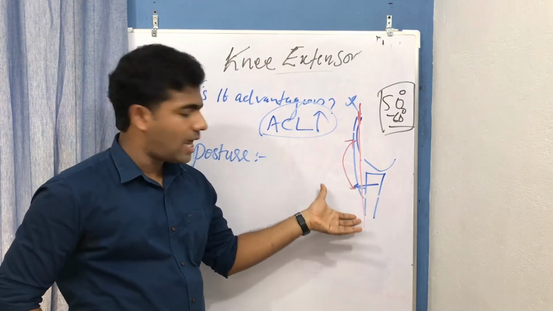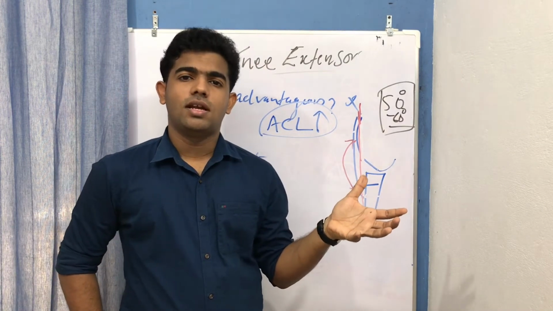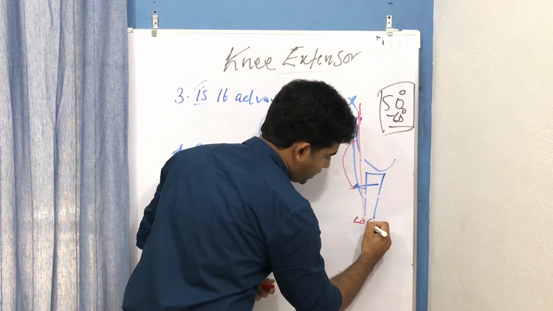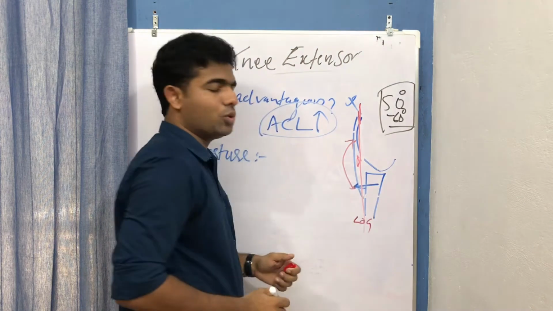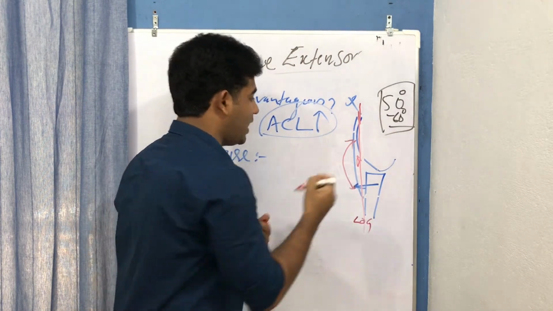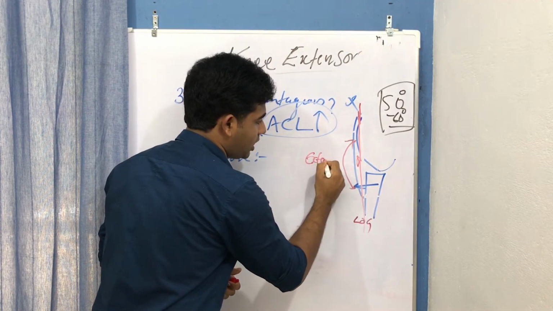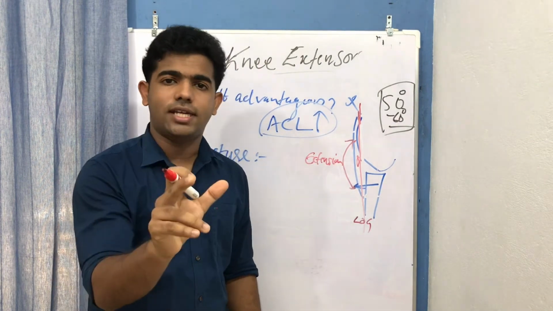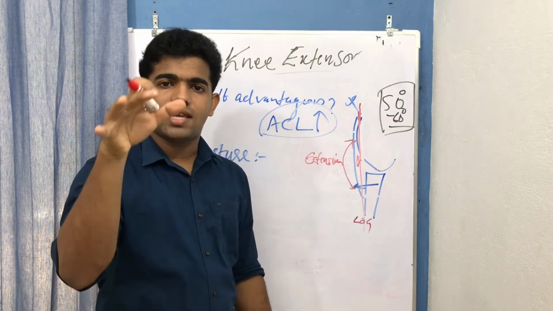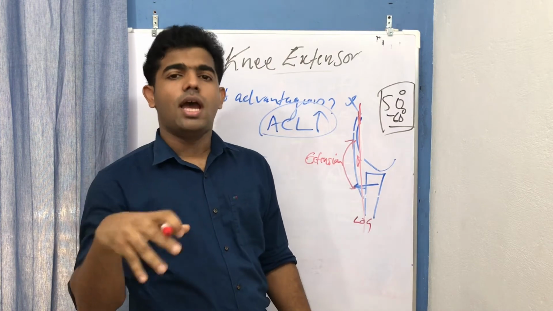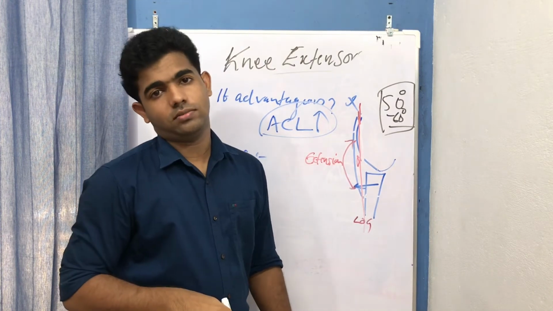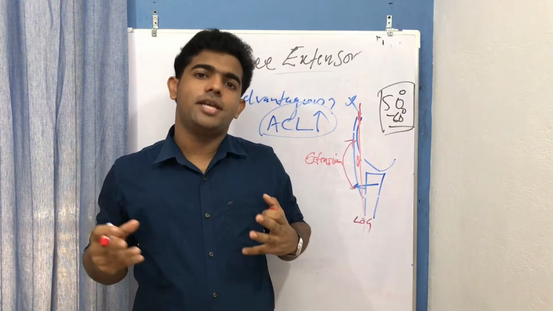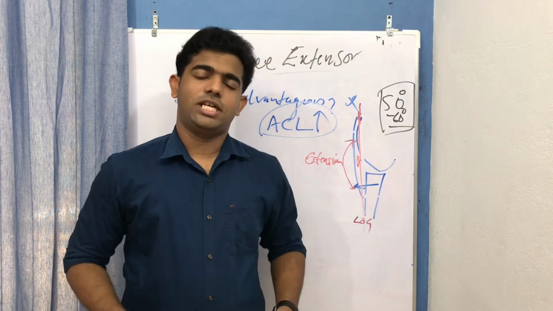At full extension, this is the line of gravity, it is passing slightly anterior to the knee joint, and that can provide an external extension moment. And when this external extension moment is provided, the knee joint itself is capable of extending itself, and your quads can go for rest. Therefore, quads activity is very minimal or comparatively smaller in knee extension.